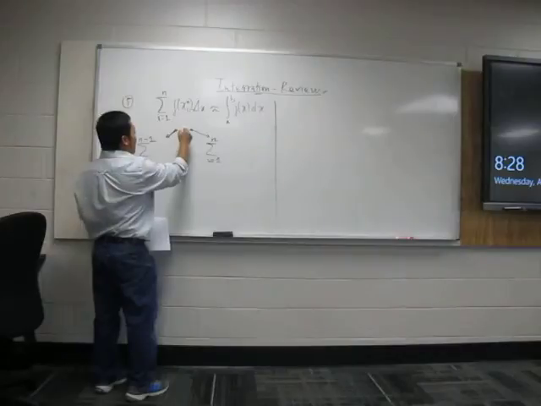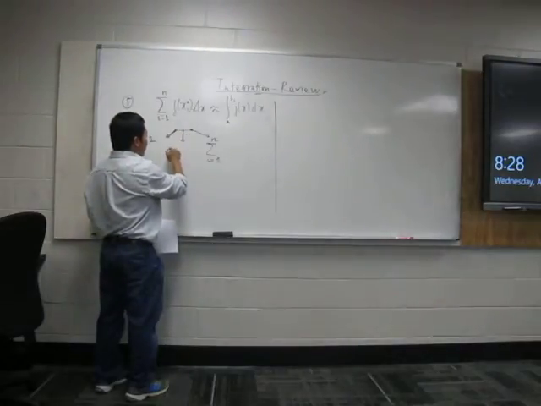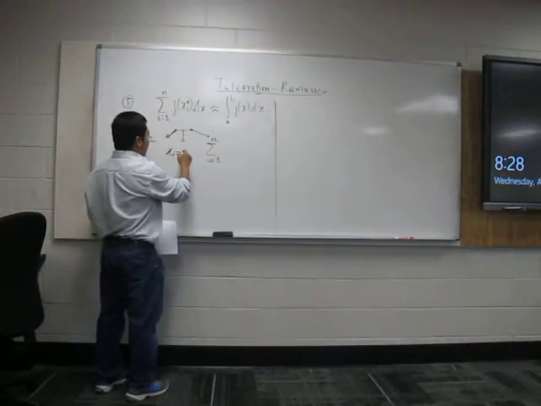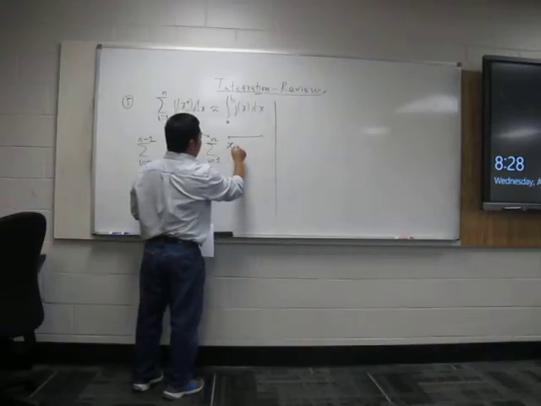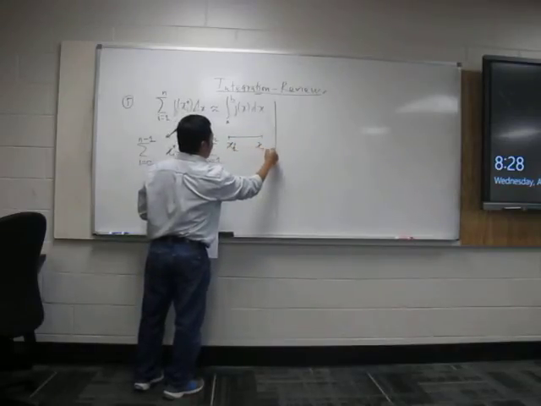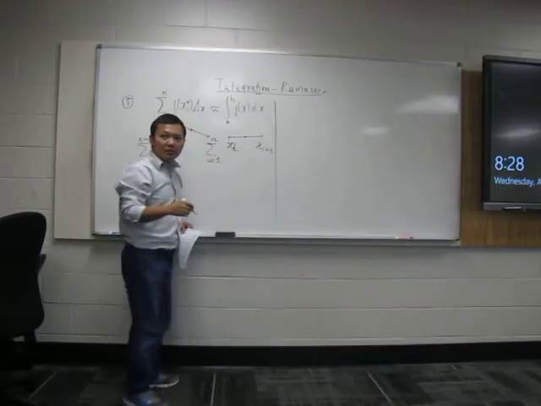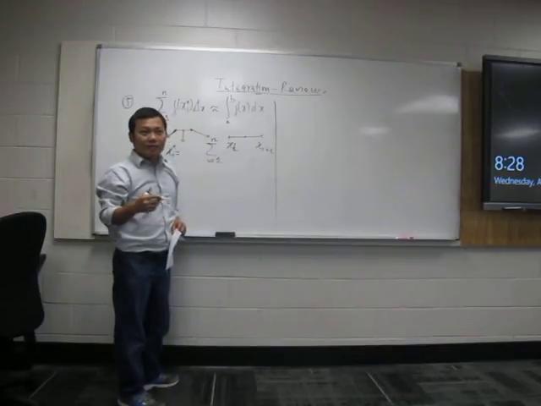And then what is the midpoint? If this is xi and this is xi plus 1, how do you find the midpoint? You just take the average.